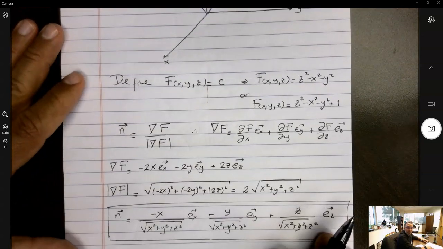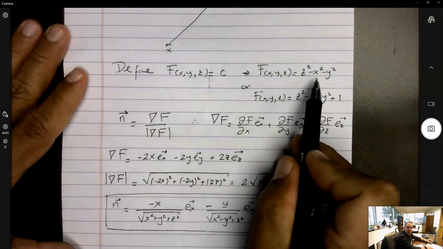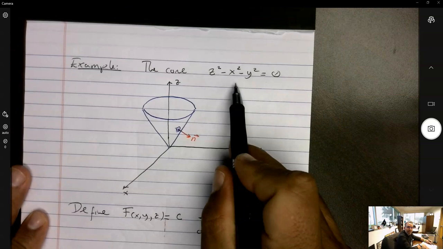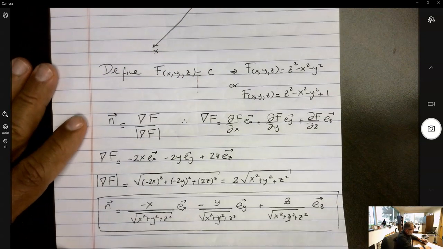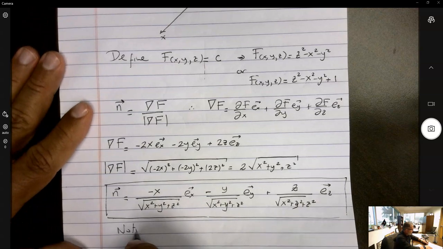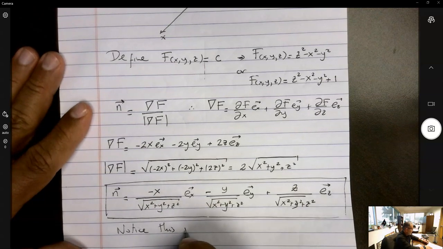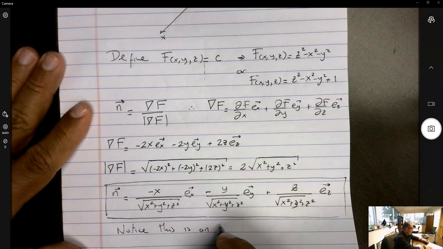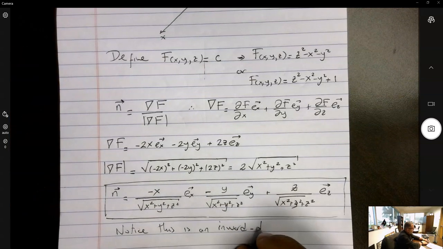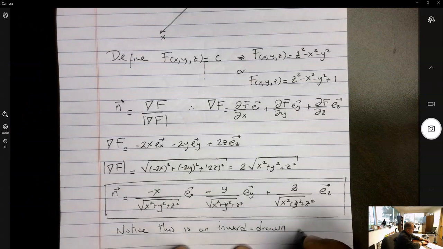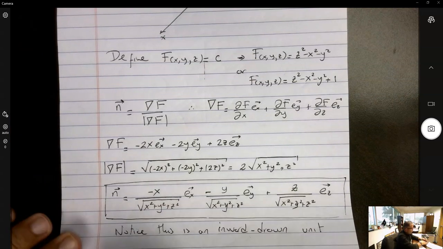So why is that? Well, we could have selected a level curve that was the negative of all these, because the negative of all these is still equal to a constant because it's equal to 0. So notice this is an inward drawn unit normal vector.